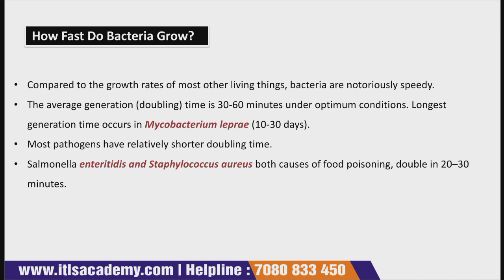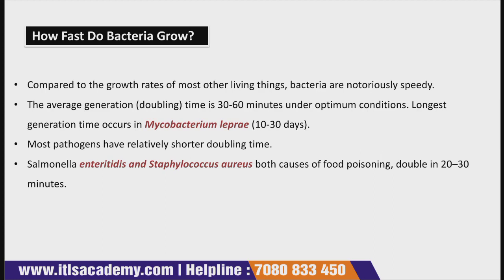Most pathogens have a relatively shorter doubling time. Apart from this, Salmonella and Staphylococcus aureus both cause food poisoning, and their doubling time is 20 to 30 minutes. So here we are talking about two types of how fast bacteria grow. They can double their generation time, like they can grow in 30 minutes or in 1 hour.